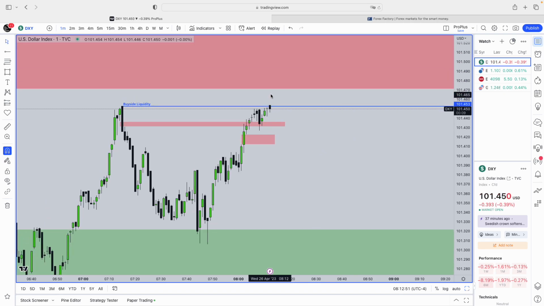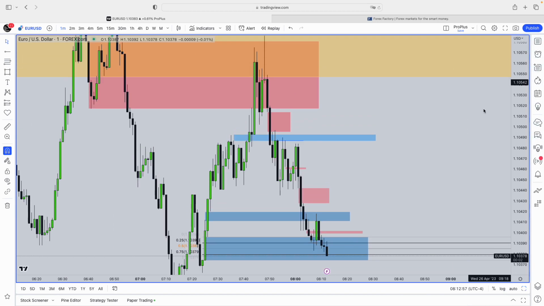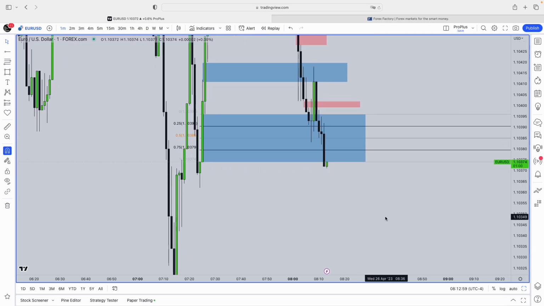I want to see energy run and just grab into this. So I like how it's closed. And now I don't really want to see price close above the consequent encroachment now.